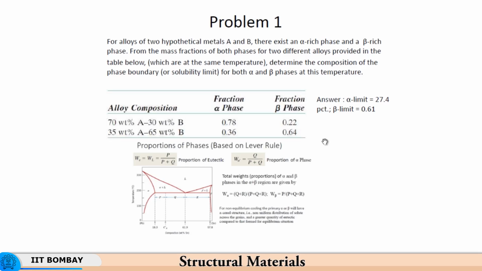So, now in this table you have got an alloy composition of 70% of A and 30% of B has an alpha phase fraction of 78% and beta phase fraction is 22%. Okay. And at the same temperature, when A is 35% and B is 65%, then the alpha phase fraction is 36% and beta phase fraction is 64%, right.